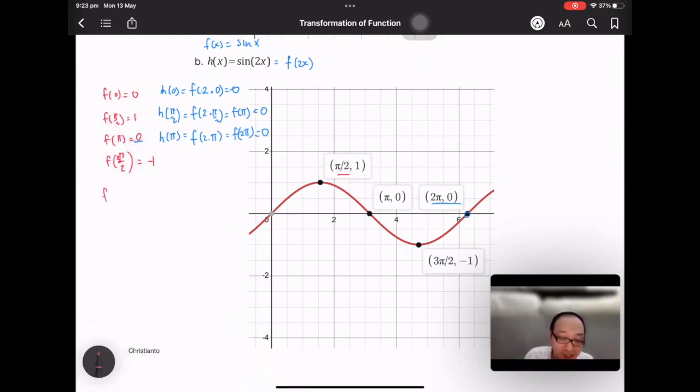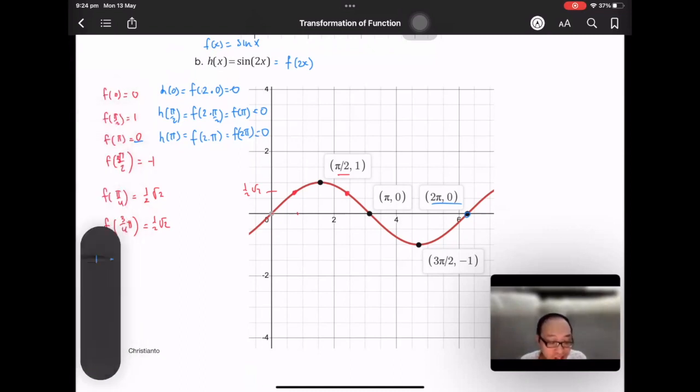I try f(pi over 4). So if you see, f(pi over 4) will be here. Sine pi over 4 is equals to half square root of 2. f(3 over 4 pi) will be here. So this is the same, half square root of 2. So let's try for the h value.